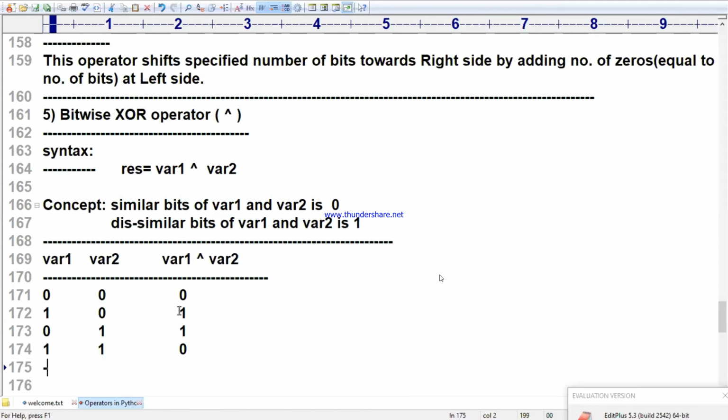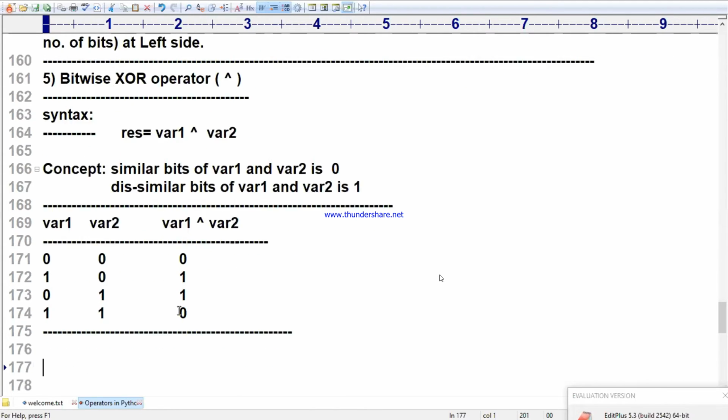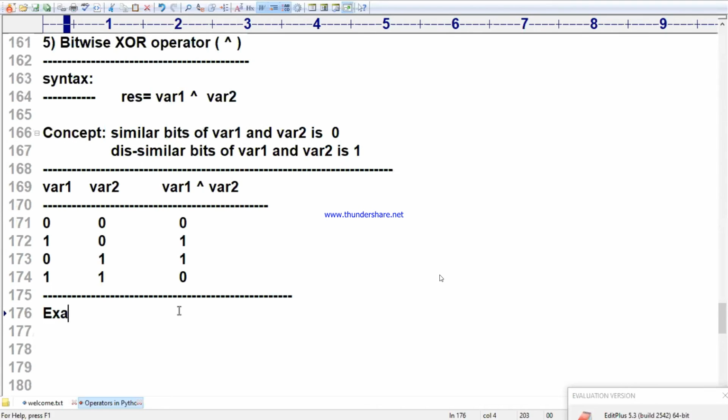Now I will go for examples. See the examples carefully. I will give you a beautiful example. First, a normal example. Here I am writing A is equal to 4. This is called a truth table, the truth table for XOR.